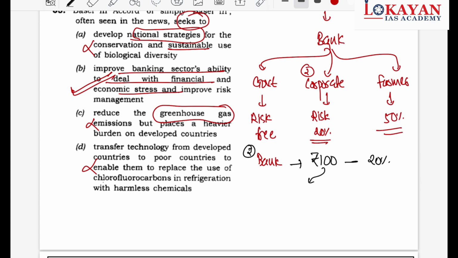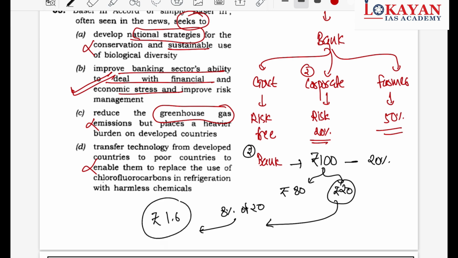So the bank is sure that 80 rupees will be received, but 20 rupees are risk weighted assets. On this risk weighted asset, the bank will set aside 8% of 20, that is rupees 1.6. So this is nothing but the capital adequacy ratio.